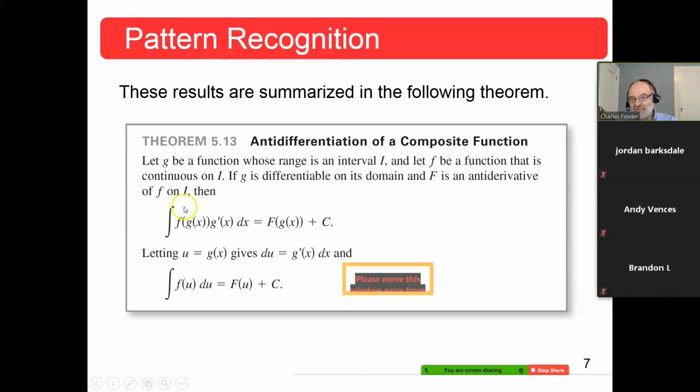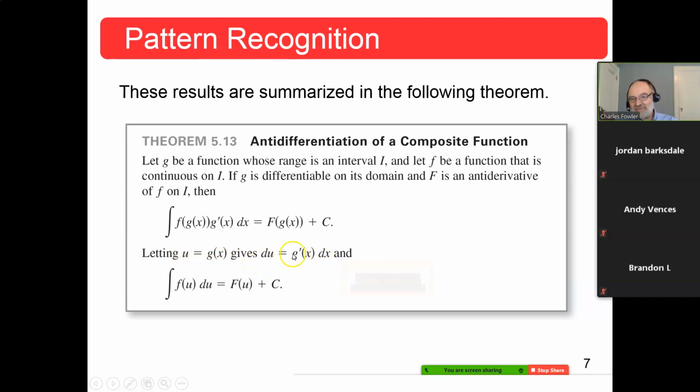Now, if you see that without anything else and go for it, fantastic. Do it. Here's how we do it in reality. Let u equal g of x, that innermost part. Then take a du. Du would be g prime of x dx.